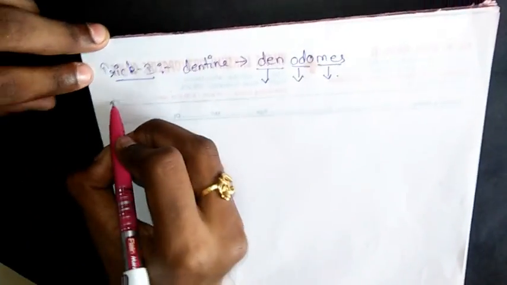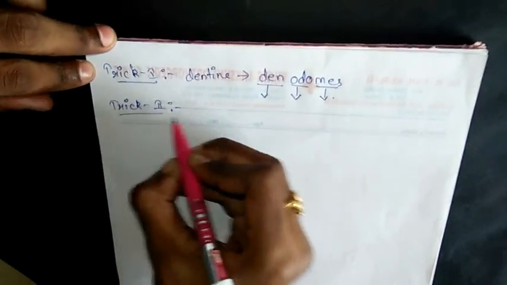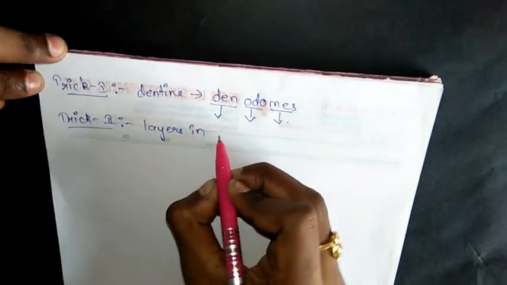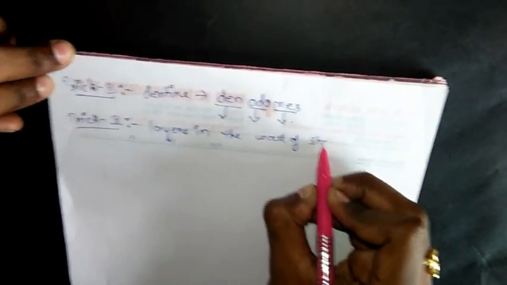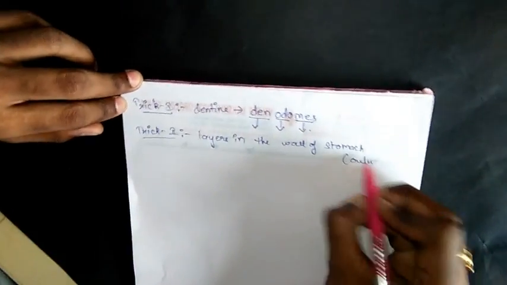The second trick is to remember the layers in the wall of the stomach, from outer to inner.